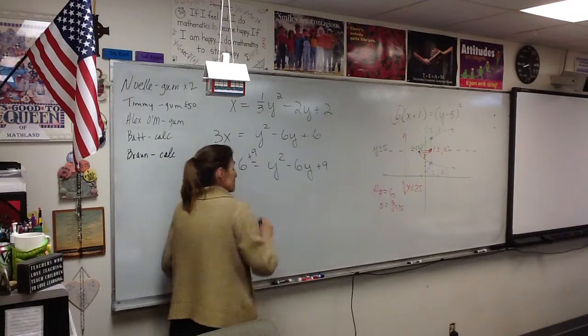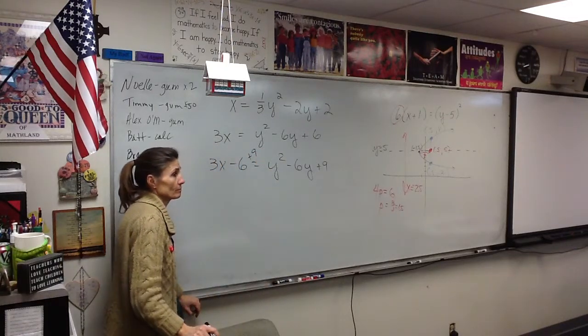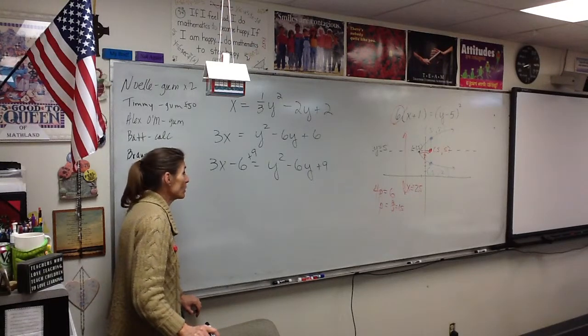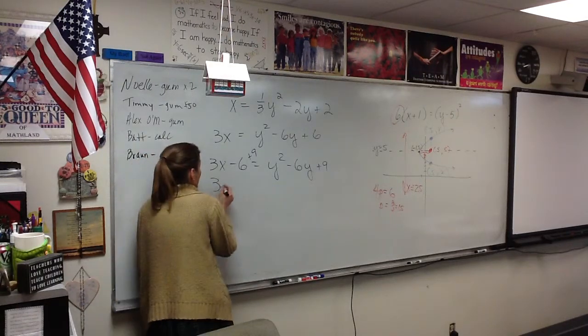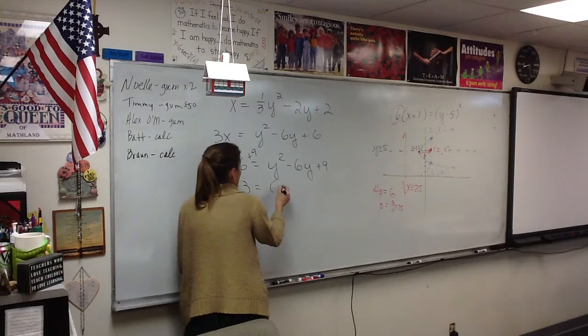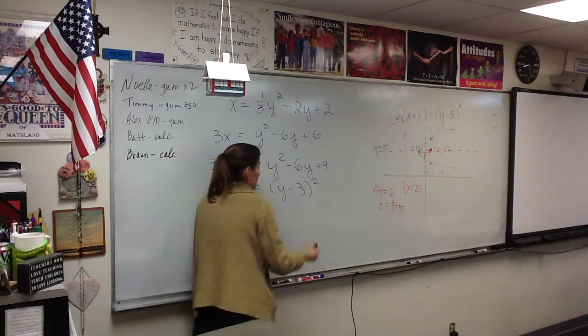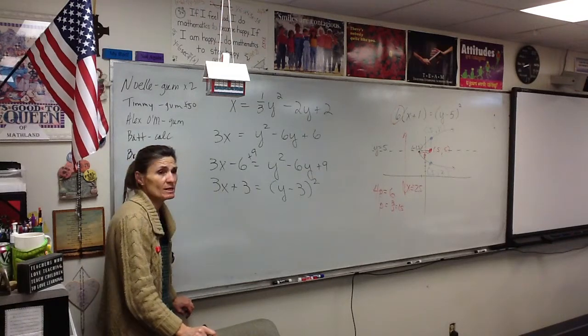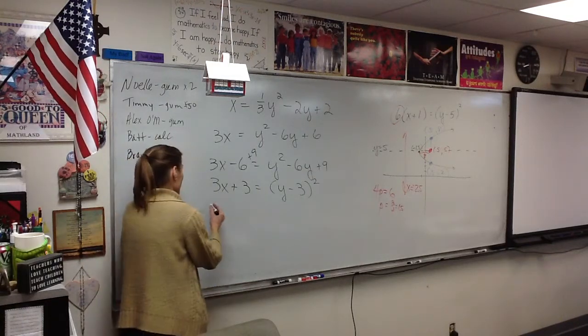Don't forget to add it to both sides. Same with your circles. Gotta add it to both sides when you complete the square. So we have 3x plus 3 equals y minus 3 squared. Everybody in agreement? We're almost there. What's the last thing we need to do? Factor out the 3.